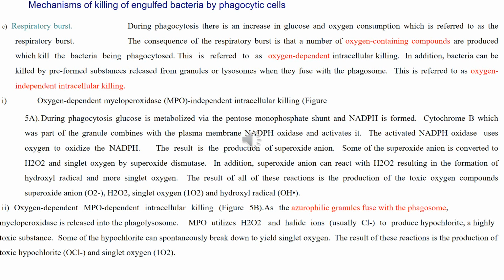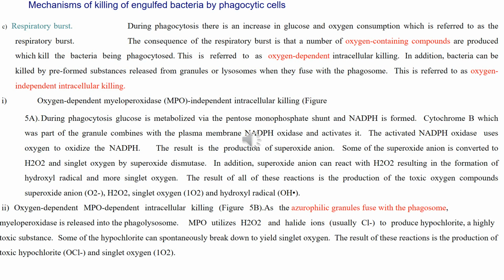This is referred to as oxygen-dependent intracellular killing. In addition, bacteria can be killed by preformed substances released from granules or lysosomes when they fuse with the phagosome, and this is referred to as oxygen-independent intracellular killing.